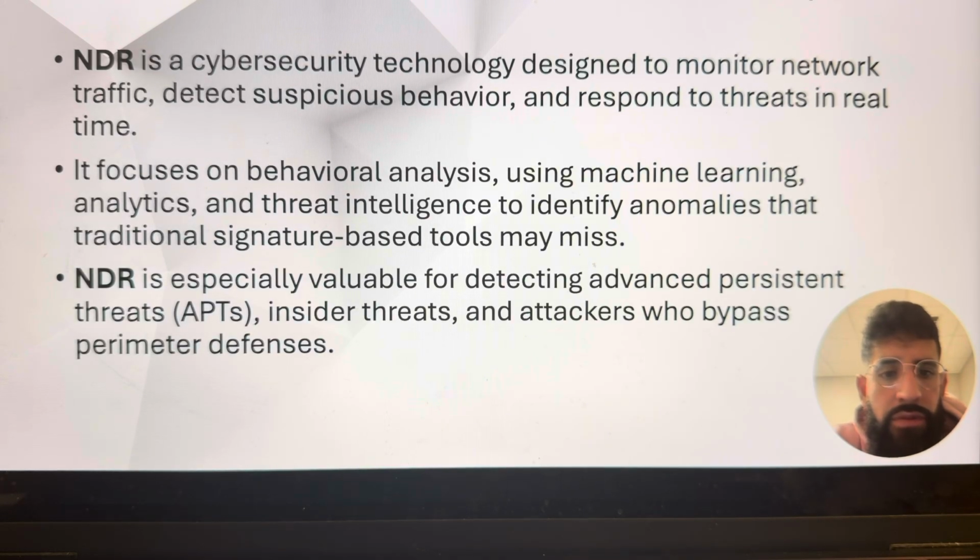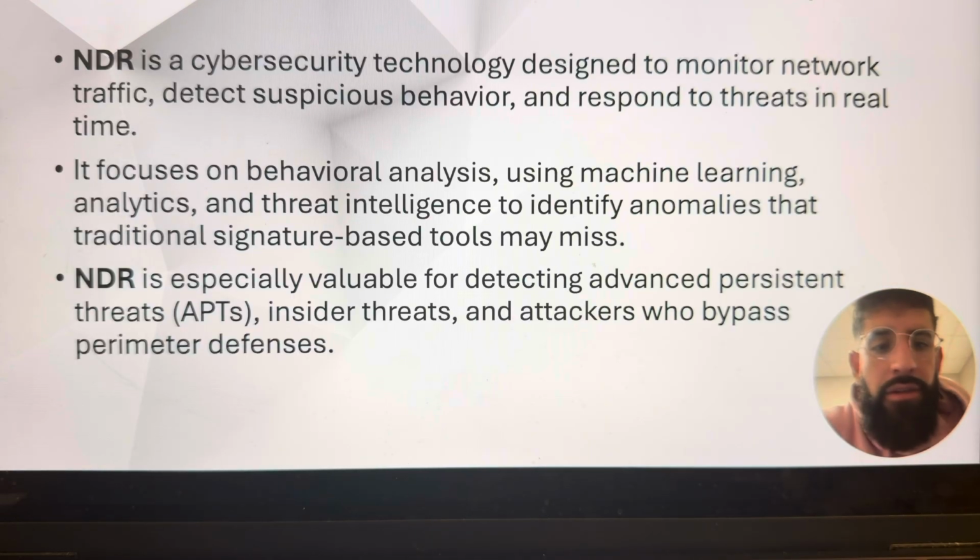And then the third is network detection and response. NDR is a cybersecurity technology designed to monitor network traffic, detect suspicious behavior, and respond to threats in real time. It focuses on behavior analysis using machine learning, analytics, and threat intelligence to identify anomalies that traditional signature-based tools may miss. NDR is especially valuable for detecting advanced persistent threats, insider threats, and attackers who bypass perimeter defenses.